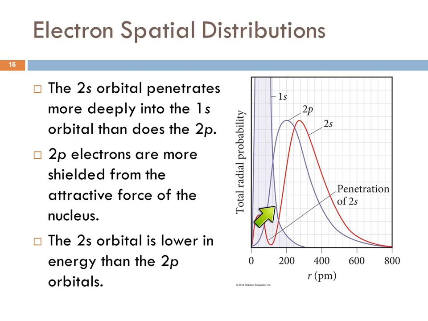And so it overlaps a little bit, but the 2s orbital has this node in here, and then it's got this bump in here. And so this region here gets much closer to the nucleus than the p orbital does. So the p orbitals are more shielded from the attractive force of the nucleus. The 2s orbital then is going to be lower in energy than the 2p orbitals, because it has more attraction to the nucleus.